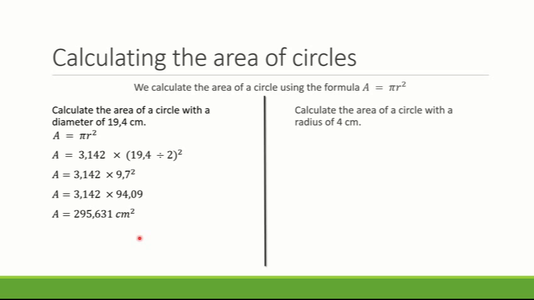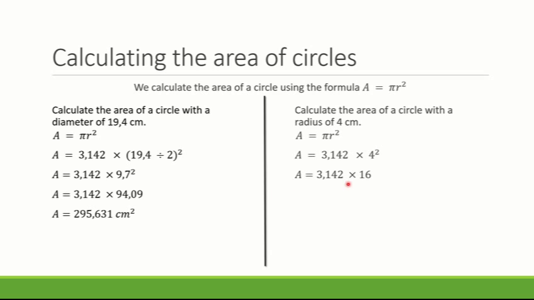One more example. Let's calculate the area of a circle with a radius of 4 centimeters. Now we got the radius, so this is going to be very easy. A equals pi r squared, and then we swap out the numbers. For pi, 3,142. For r, 4 squared. And then we'll do our square number first. 4 times 4 is 16.